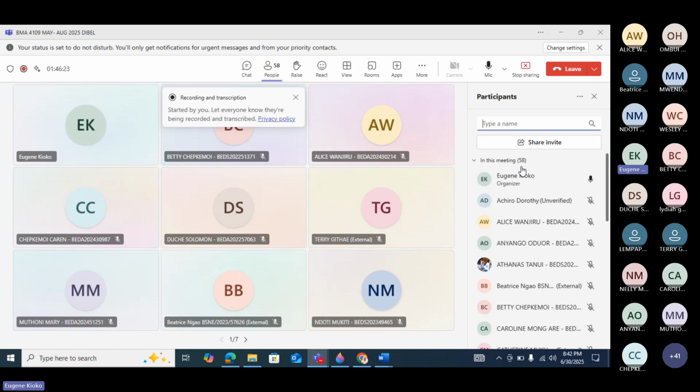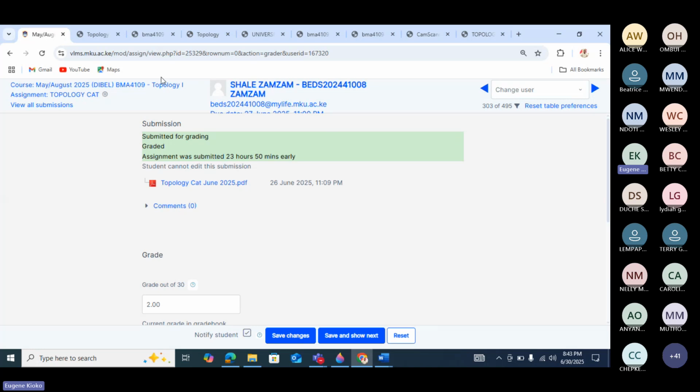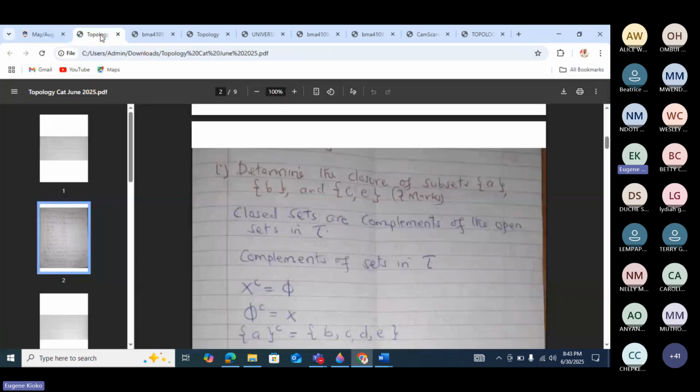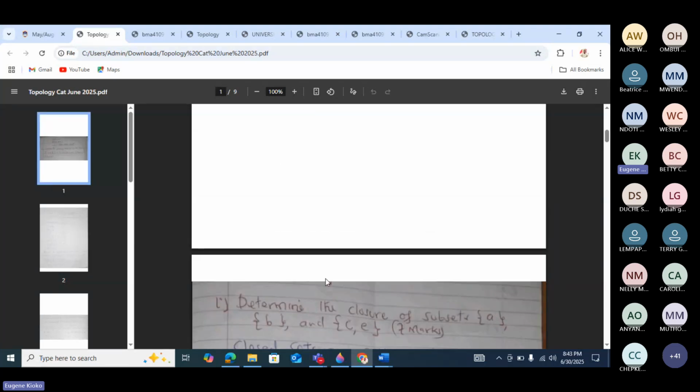You know, we are grown-ups. Now my only worry is what you will write in the exam and so on. Because I gave you a CAT, it had instructions, and now we have copies. I'm just worried. I'm just asking.